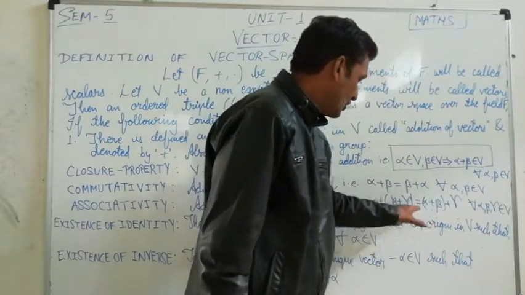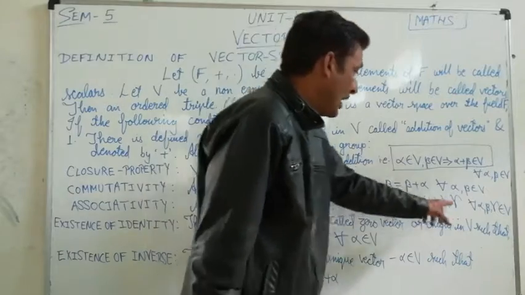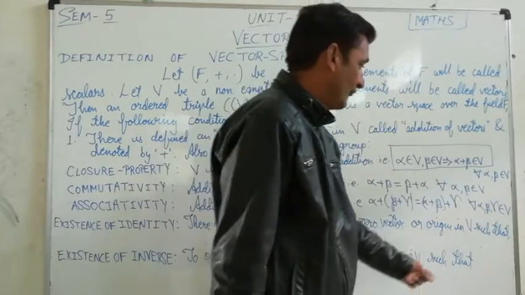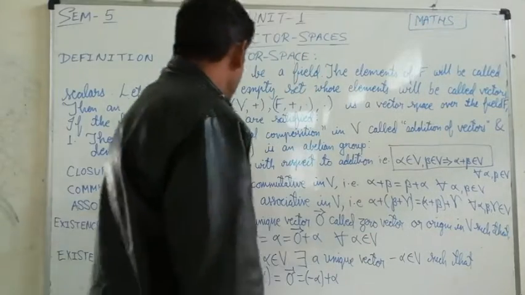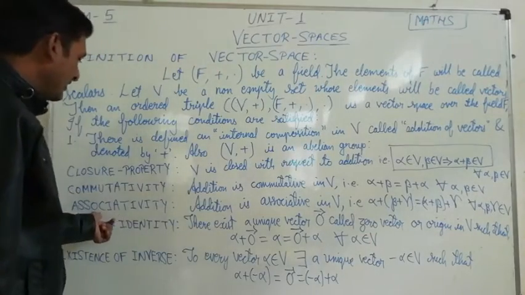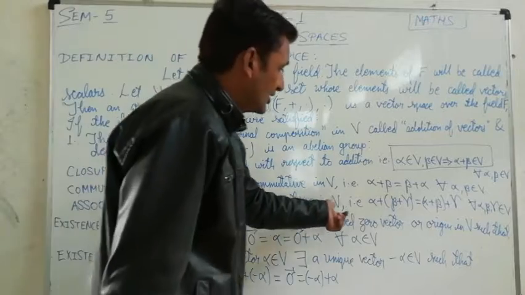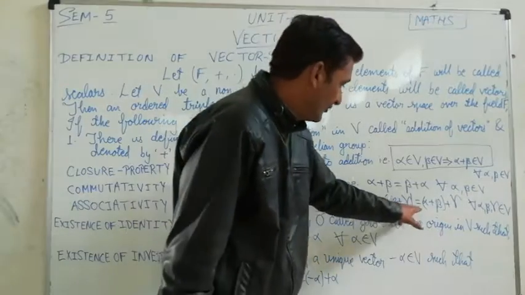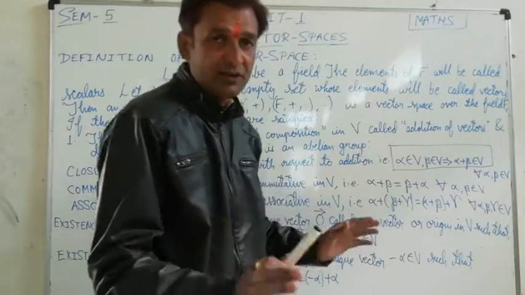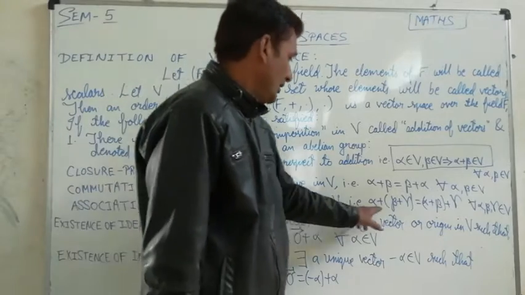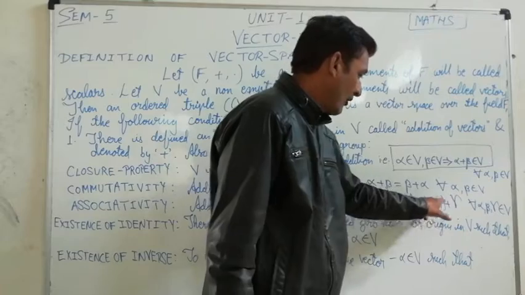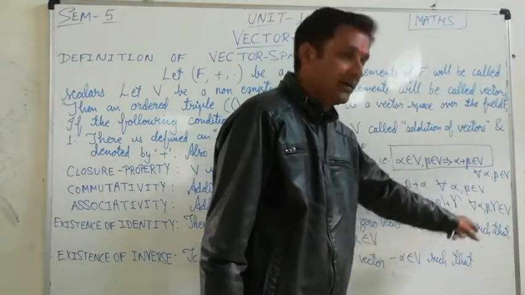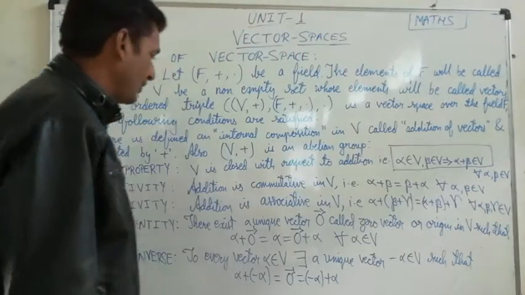If this one is equal to this one for all alpha, beta, gamma in V, meaning vector space V, then we can say that addition is associative in V. If these are not equal, then associativity is not true. If they are equal, alpha plus (beta plus gamma) is equal to (alpha plus beta) plus gamma for all alpha, beta, gamma in V.